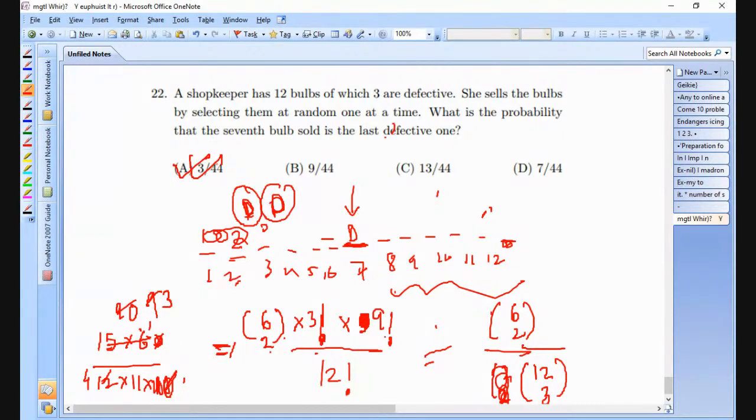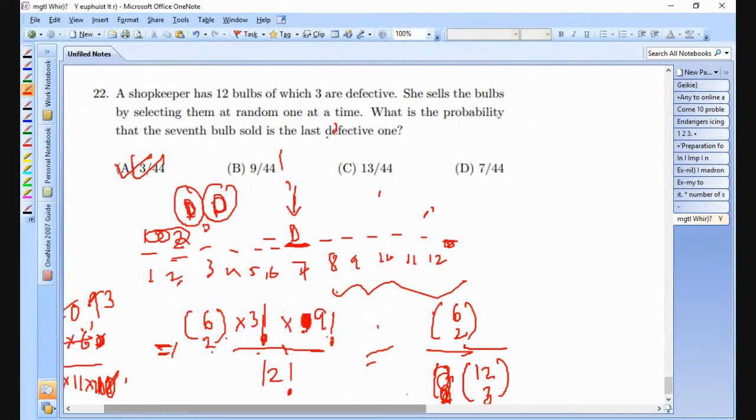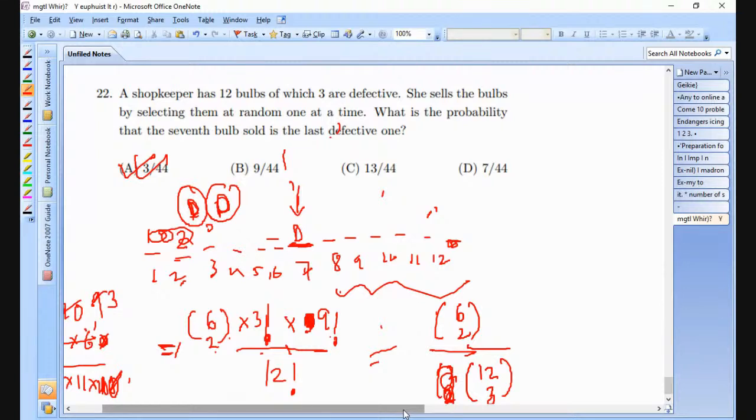I did it in a little different way. Tell me, how did you do it? Until the 6th, the shopkeeper is picking the bulbs. So until the 6th, she would pick two defective bulbs.